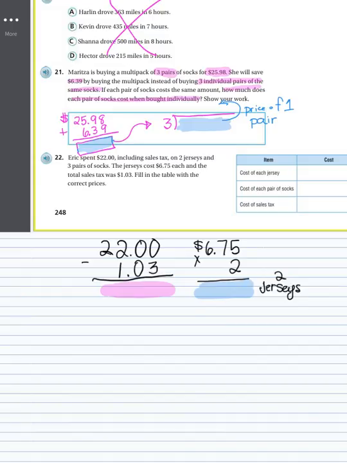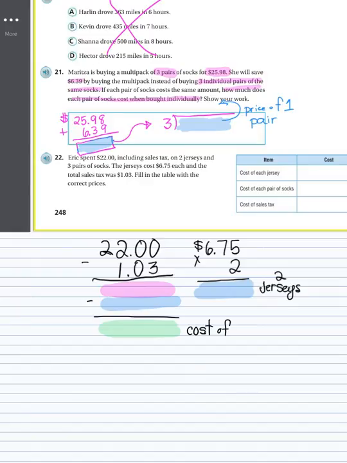Now you're going to want to take the amount of the jerseys and subtract it from the total over here, this total. Okay, then this amount, this is going to be the jerseys subtracted. This will be the cost of 3 pairs of socks.